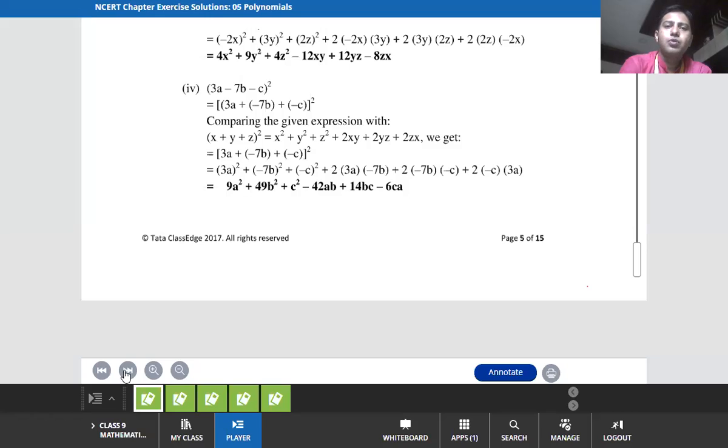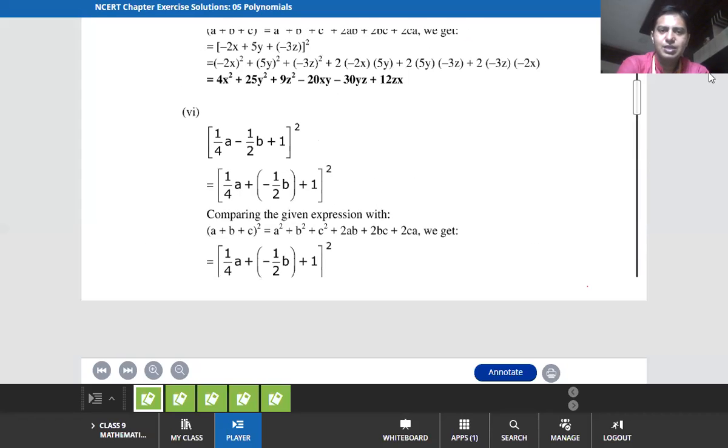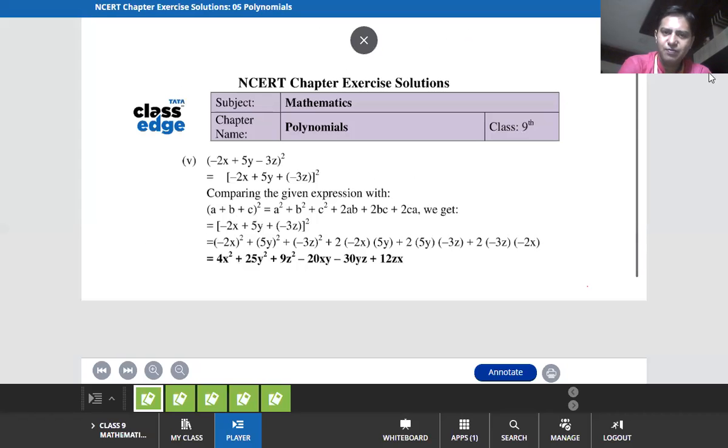Now we'll move on to question number 5. There is (minus 2x plus 5y minus 3z) whole square.